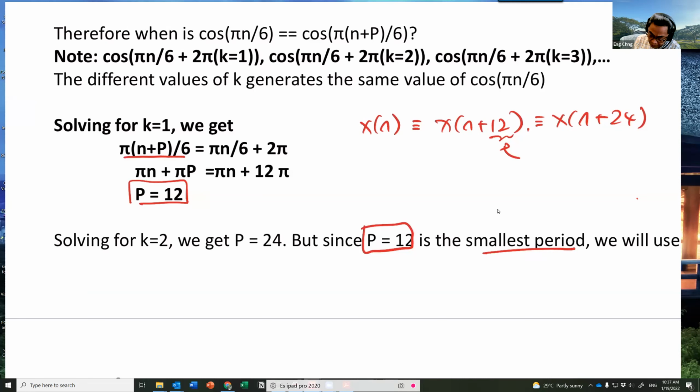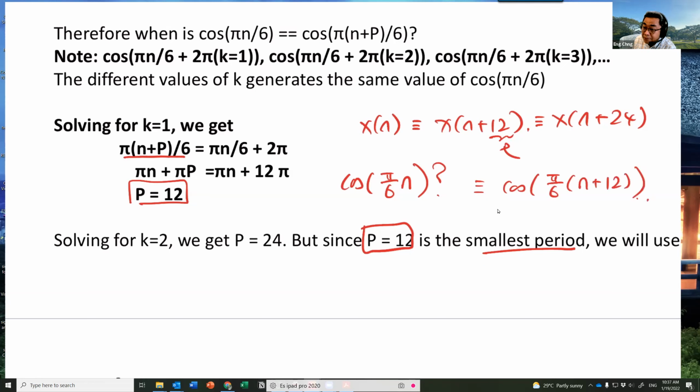Now, let's plot this guy. Cosine of pi over 6 n, what does it look like? And why is it equal to cosine of pi over 6 (n plus 12)? That's what we're claiming, right?